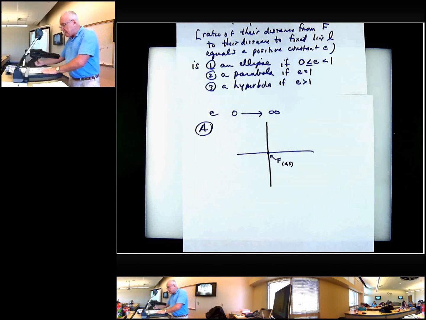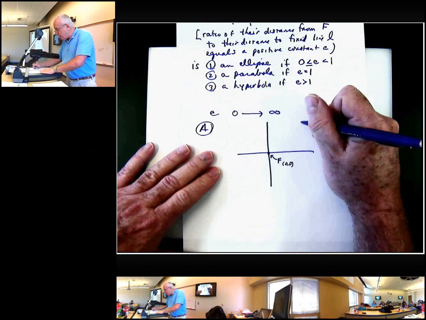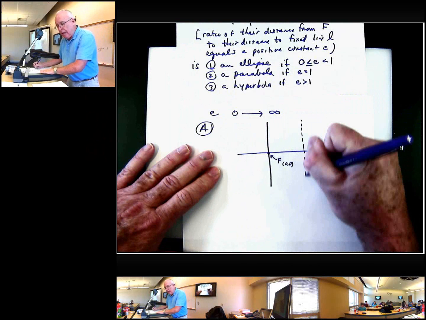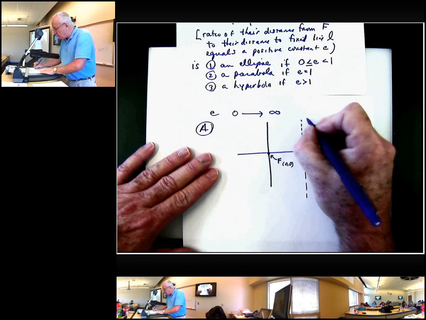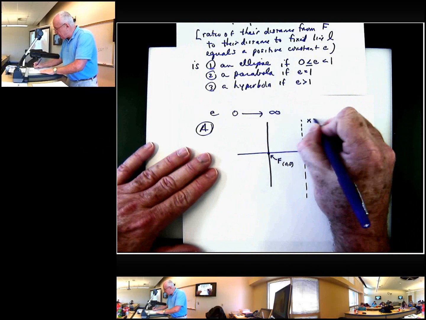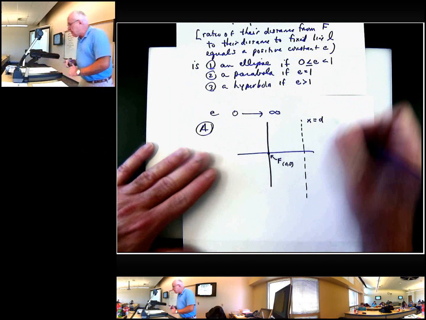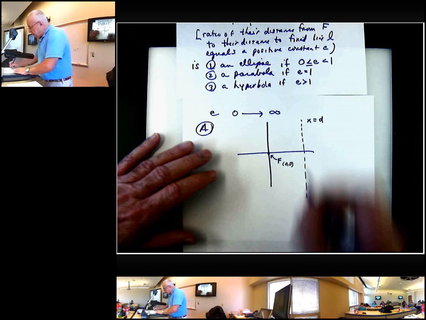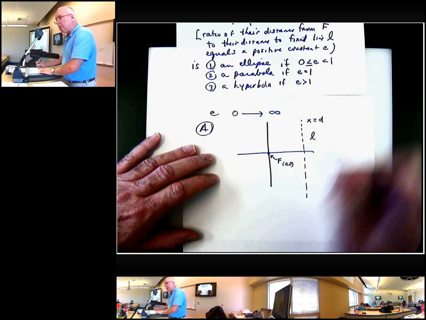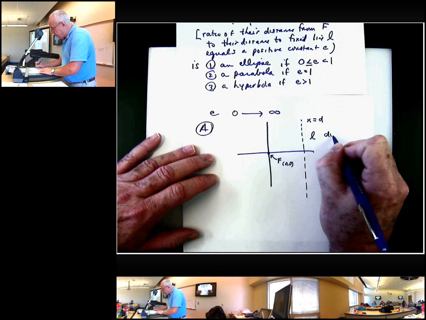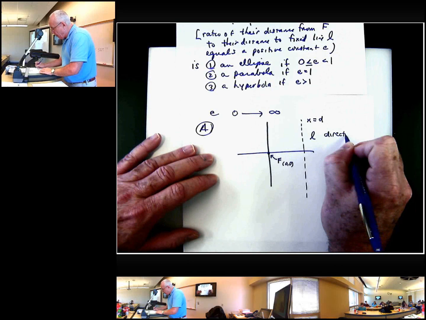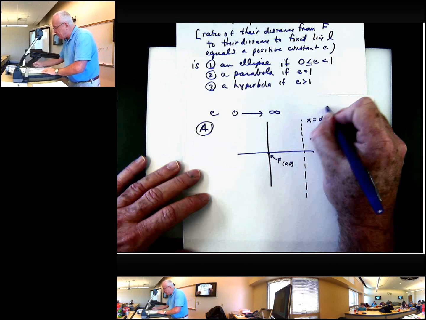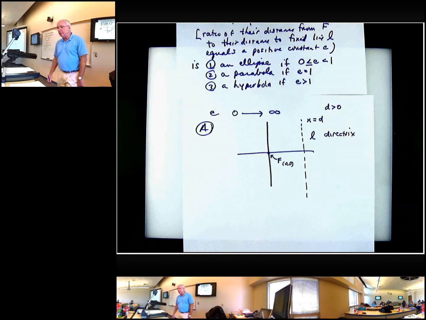Now, in this case A, I'm assuming that our directrix is over here, and in this case, it's a vertical line. So it's x equal to the number d. This is our line, small l, that we call the directrix. And d here is a positive constant, bigger than 0.